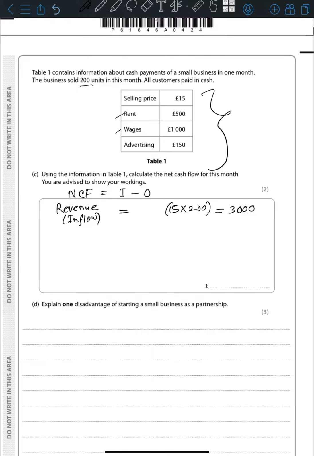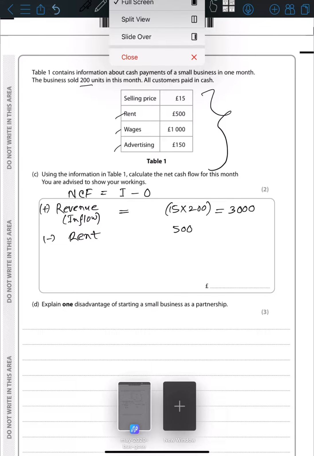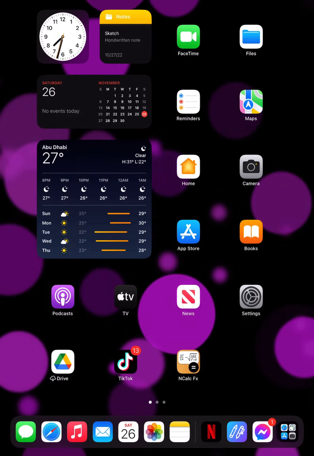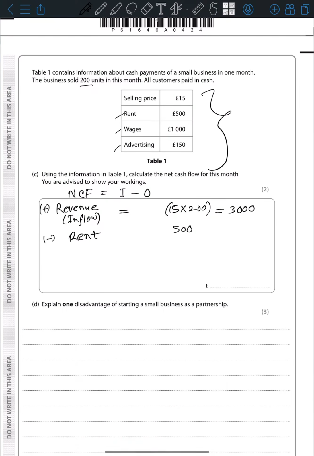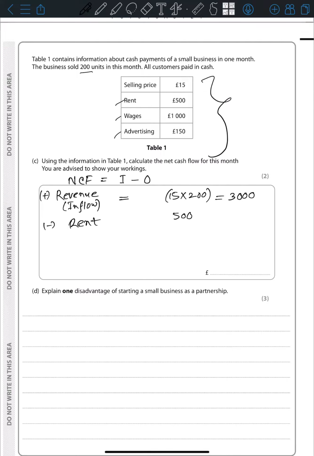Then rent, wages, advertising, we recognize them as expenses, so they are outflows. This is an inflow. Outflows, rent is 500. Rent is 500.